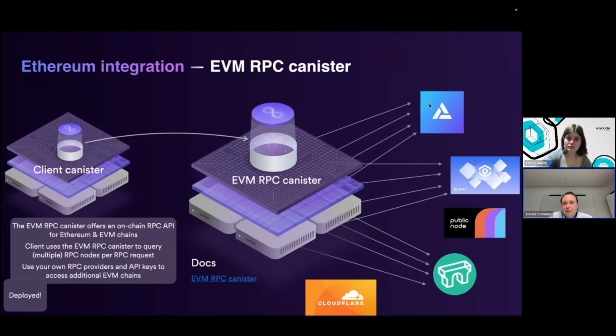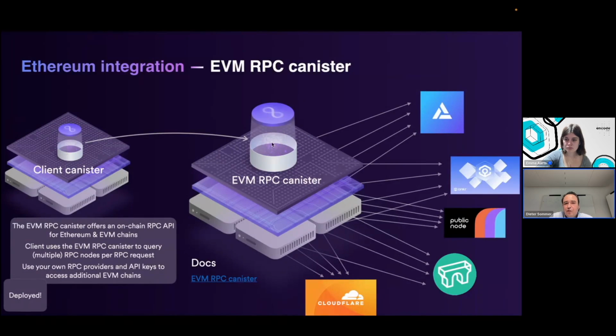And overall, we currently have 5 different public RPC providers integrated. Depending on which network you're interacting with, you get 3 of them. You get a consensus over 3 of the responses back to a client canister.